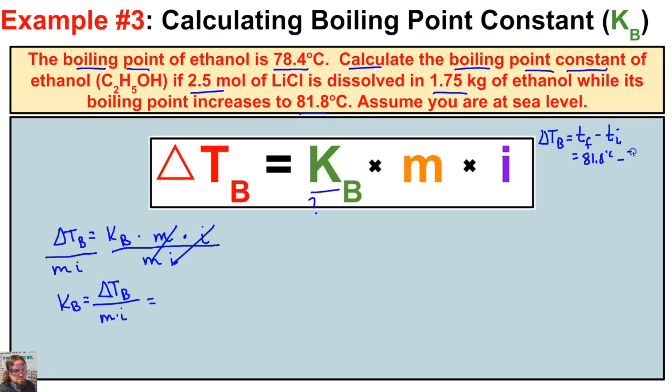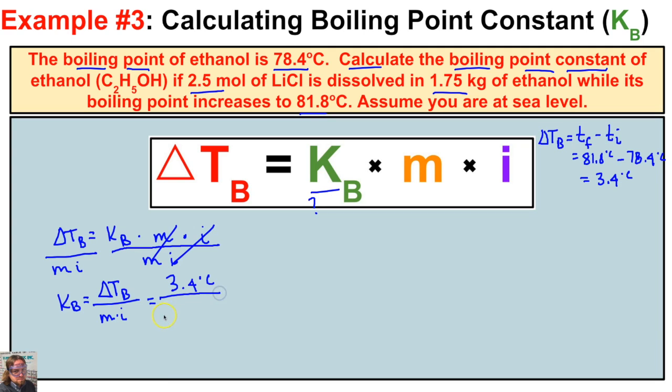Our initial temperature is 78.4 degrees Celsius. When we take 81.8 minus 78.4, we end up with 3.4. So the change in temperature here is 3.4 degrees Celsius. We'll put that right here.